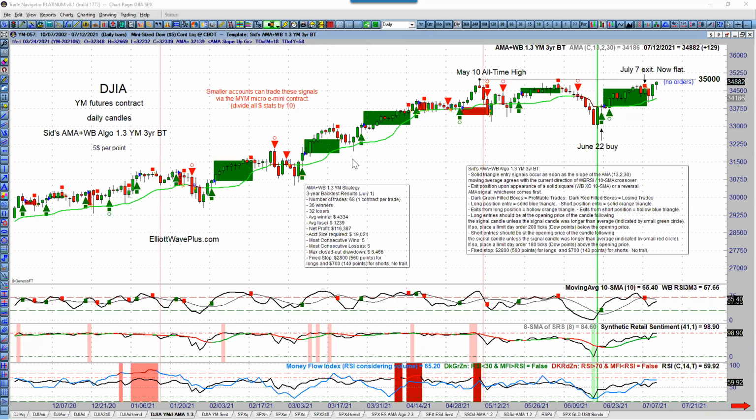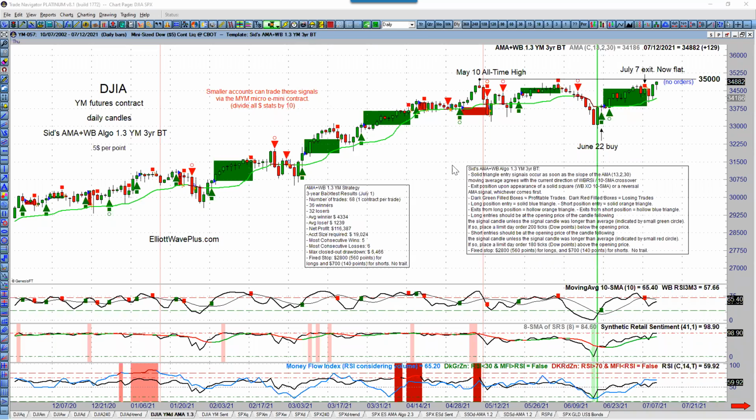So basically, when that adaptive moving average is green, the trend is up, and the algo will only take long signals. It will not try to short while the trend is up. Conversely, if the trend is down and that line is dark red, then it will only take short signals. So that's the first component of the algo.